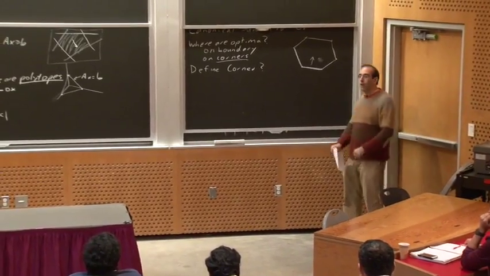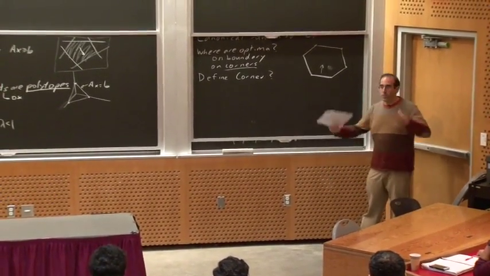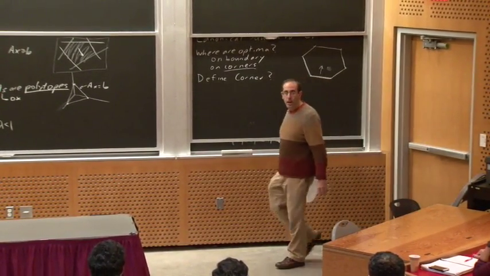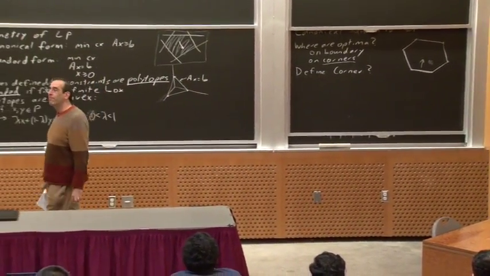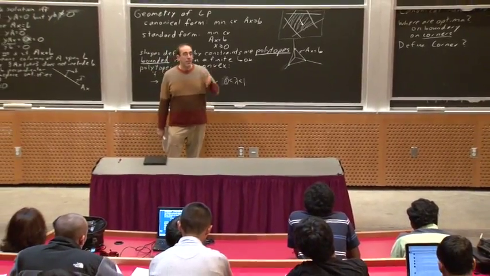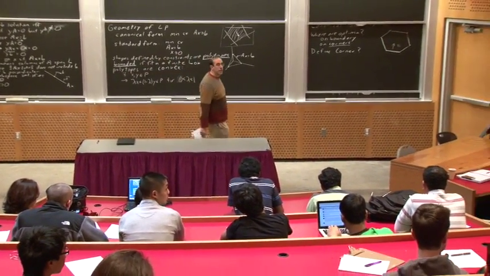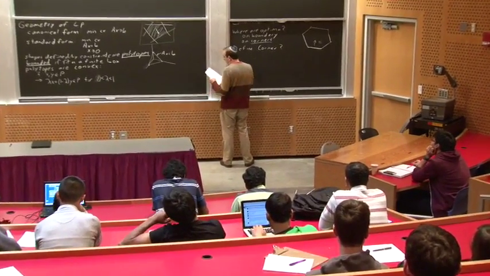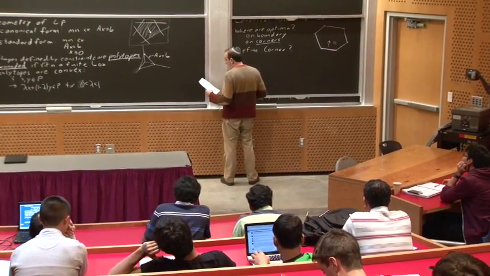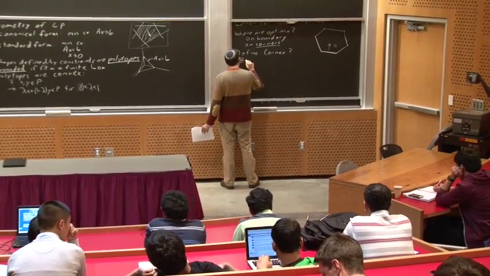What would be the appropriate generalization of that, since we're working with n-dimensional linear programs? Yeah? In an n-dimensional space, the intersection of n hyperplanes. Good. So that is the definition that is referred to as a basic feasible solution.